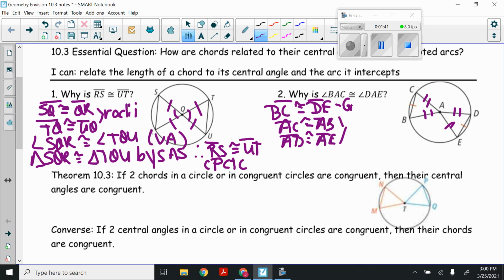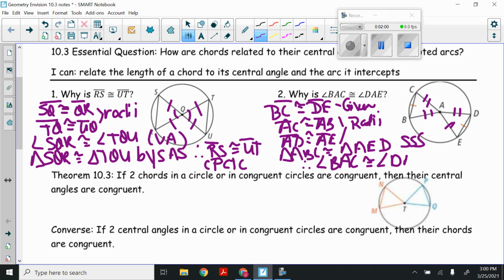So this one was given. These are all radii. So now I could say triangle ABC is congruent to triangle AED by side, side, side. Therefore, angle BAC would be congruent to angle DAE by CPCTC again.